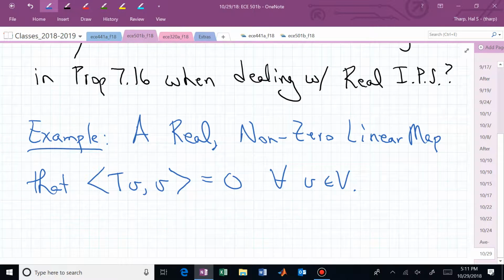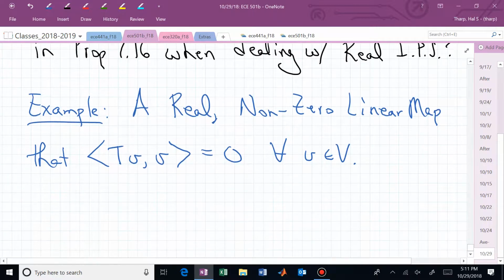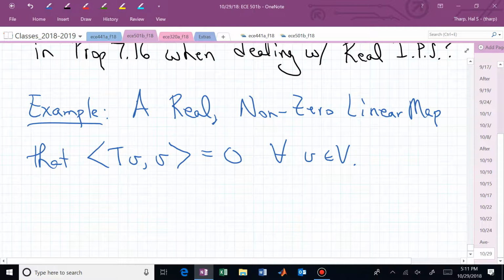Now I'm cooking up a linear map that's non-zero. It's not the zero map, but you give me a vector v in a vector space V, I can make ⟨Tv, v⟩ equal to 0.